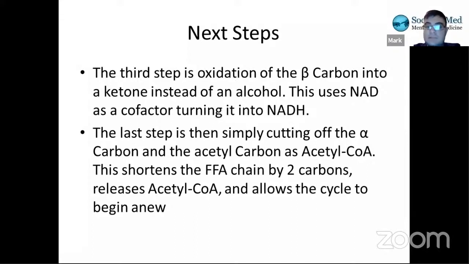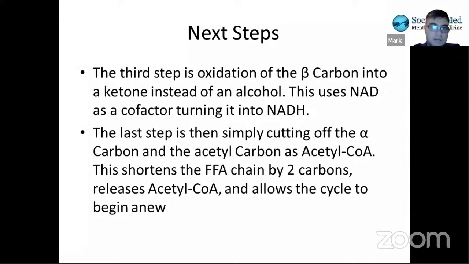The last step is then simply cutting off the alpha carbon and the acetyl carbon as acetyl-CoA, right? Again, 2 carbons, the acetyl carbon and the alpha carbon, get cut off. Together, they already have the CoA attached to the end, so it's already made as acetyl-CoA. This shortens the free fatty acid chain by 2 carbons, releases acetyl-CoA, and allows the cycle to begin anew.